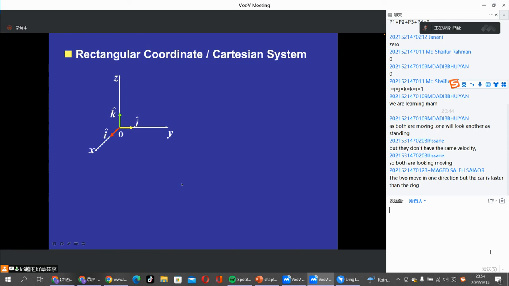Look, Cartesian proposed this system, so he left his name to us. I think everyone knows about math and physics, knows about Cartesian.